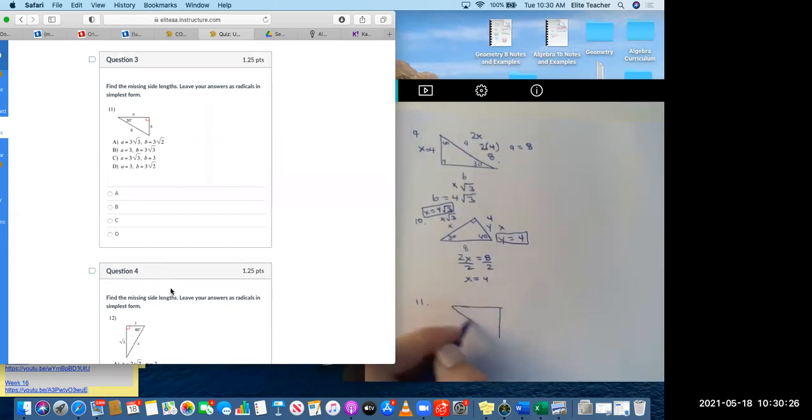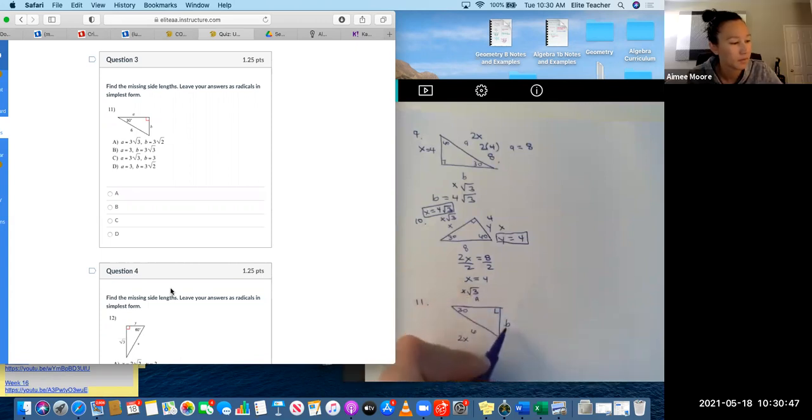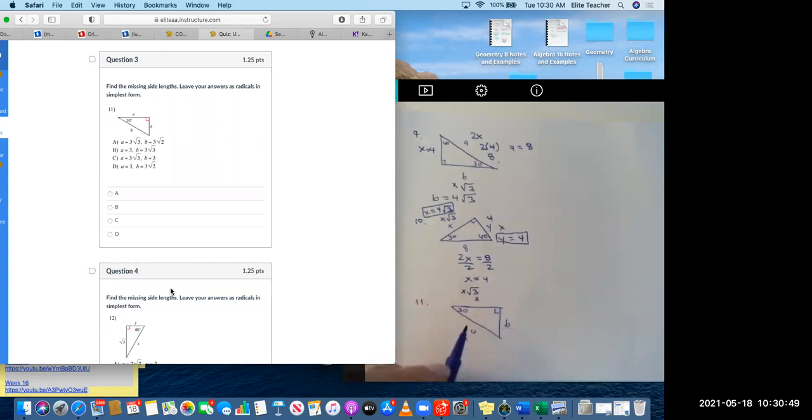Okay, so since 6 is across from the 90-degree angle, it's 2x, and then A is x times the square root of 3, and then B is x.